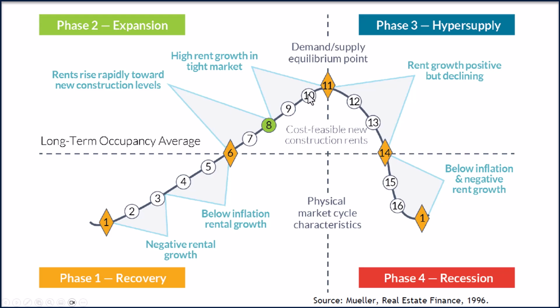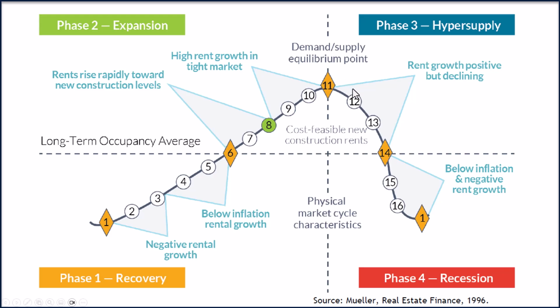And now, can absorption keep up? As absorption no longer keeps up, we end up at a point of equilibrium where demand and supply are equal. So rents are neither climbing nor falling. Occupancy is neither climbing nor falling. Okay, and absorption is right at that level of equilibrium.